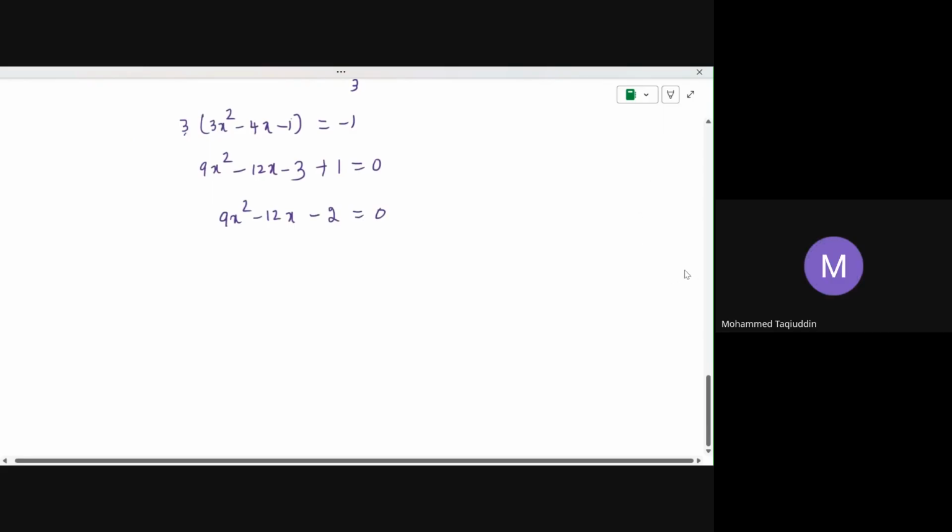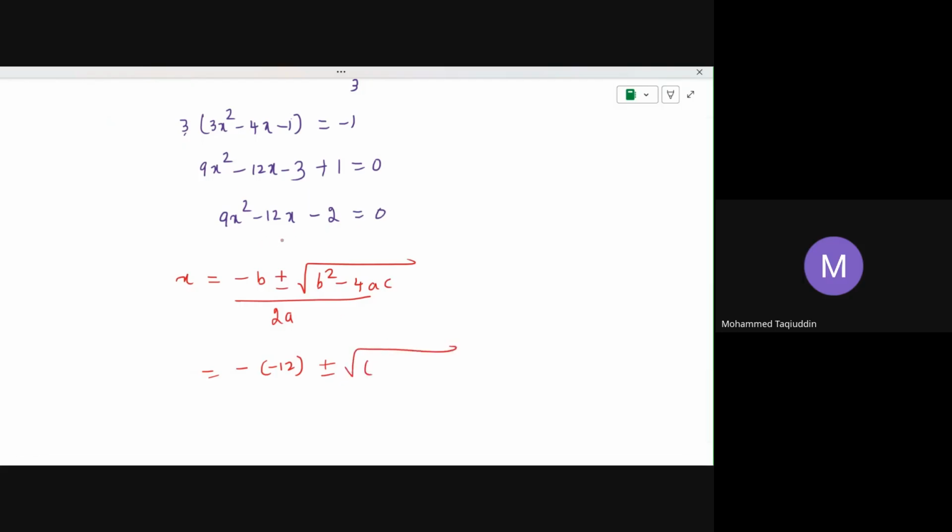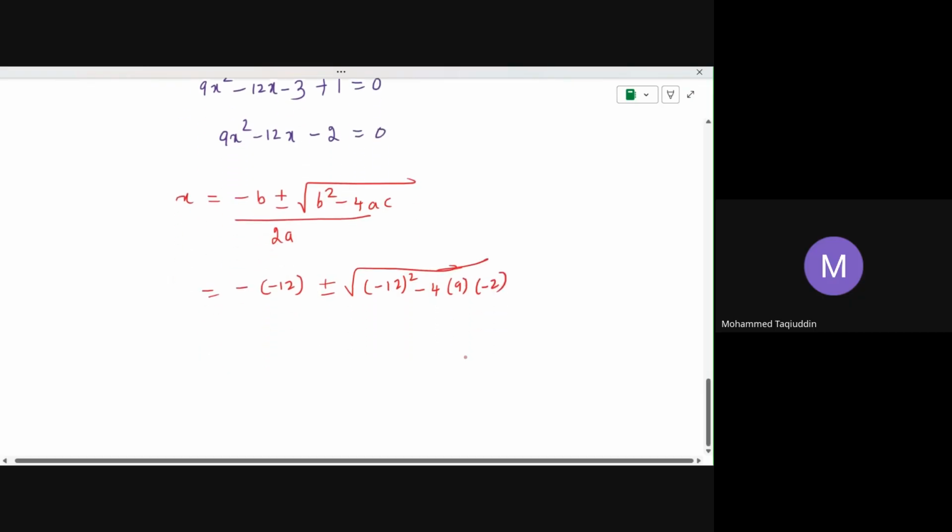If you use the formula, or if you use a calculator, this is a quadratic equation. You have the formula -b plus or minus the square root of b squared minus 4ac, upon 2a. Now minus of -12 plus or minus the square root of -12 squared minus 4 times 9 times -2, over 2 times 9.